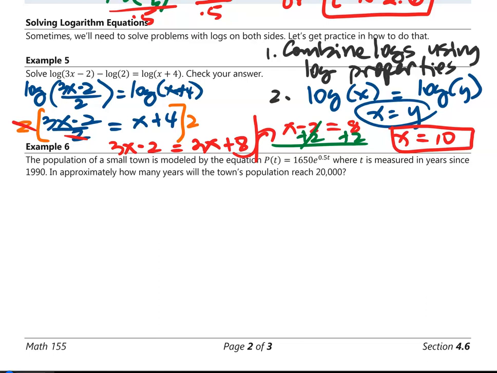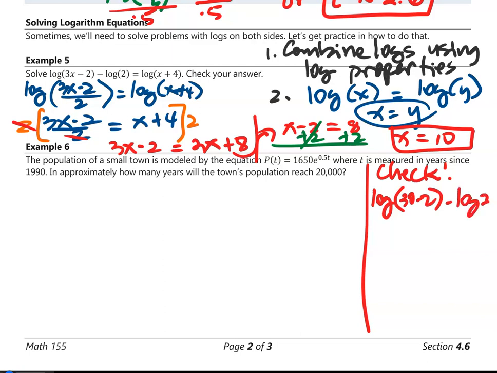Okay, we can check that. Let's use this space here. So log of 3 times 10 is 30 minus 2 minus log 2. Is that equal to log of x plus 4, that is 14?